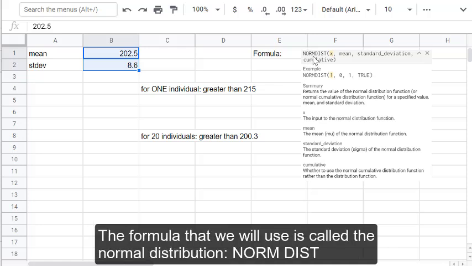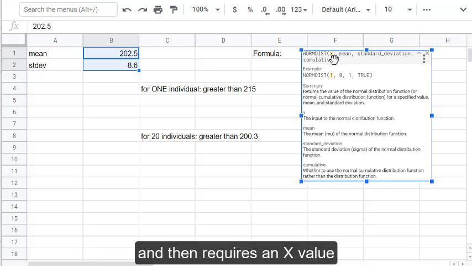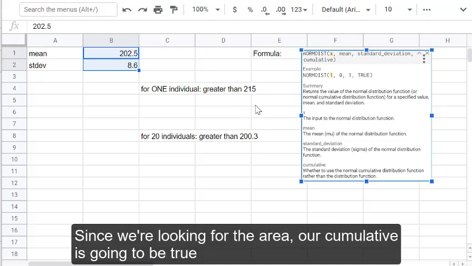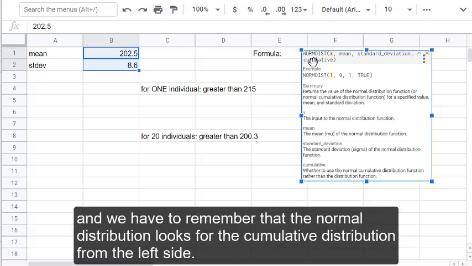The formula that we will use is called the normal distribution, NORM.DIST, and it requires an x value, the mean and standard deviation, and then it's asking if it's cumulative. Since we're looking for the area, our cumulative is going to be true, and we have to remember that the normal distribution looks for the cumulative distribution from the left side.